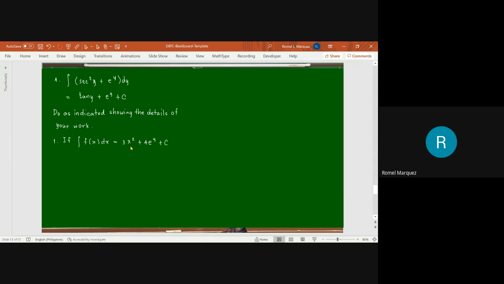Okay, so that's what we are asked for. The value of the second derivative of f when x is 0. Now, to be able to get the value of the second derivative of f when x is 0, the first thing to do is to find, of course, your f of x. What is your f of x? Okay?